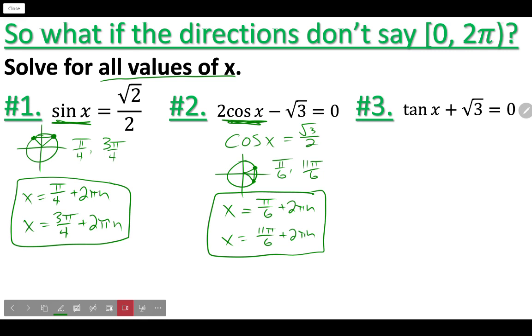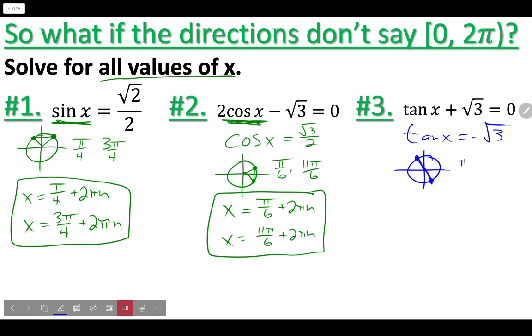And as you see this third one coming in here, we got tangent, so it's going to be slightly different because the period of our tangent function is different. Add that root 3 over, and I love my tangent tricks. Anytime it's root 3, I know 3 is the denominator. And if it's going to be negative, I know it's going to be second and fourth quadrant.